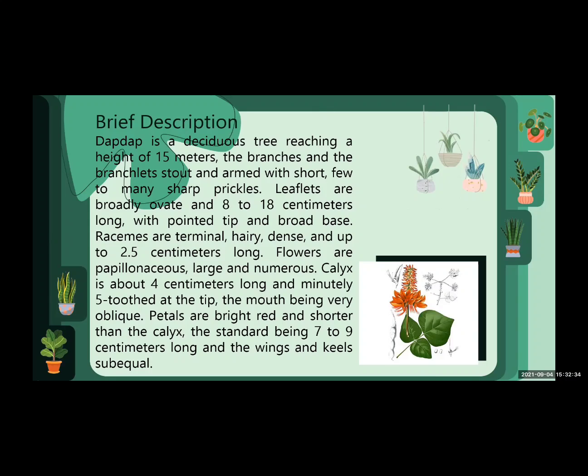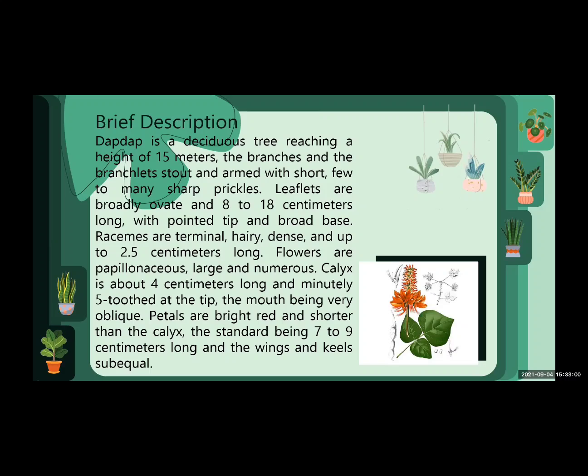Flowers are papilionaceous, large and numerous. Calyx is about 4 centimeters long and minutely 5-toothed at the tip, the mouth being very oblate. Petals are bright red and shorter than the calyx, the standard being 7 to 9 centimeters long.